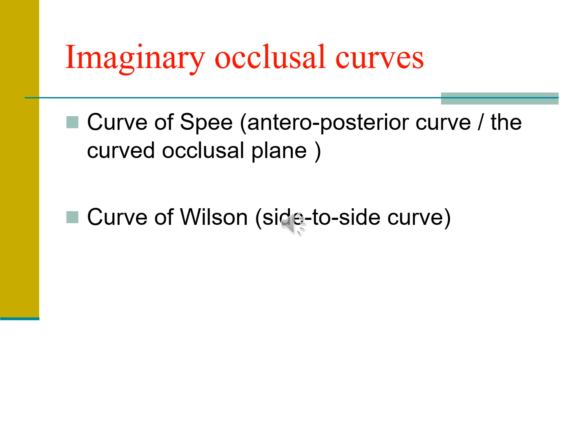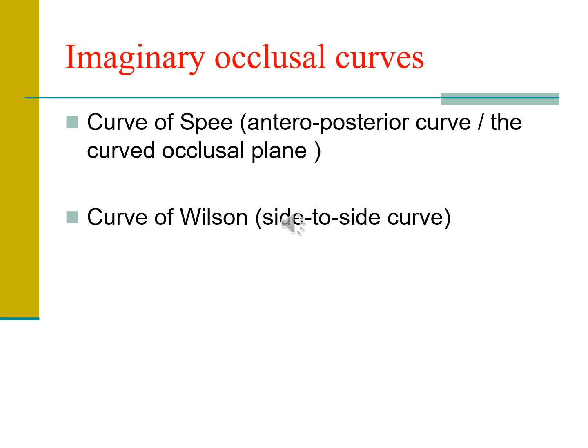The other is the curve of Wilson, which is the side-to-side curve. When you view the anterior aspect of the mouth slightly open, the cusp tips of posterior teeth follow a gradual curve from the left side to the right side. The curve of the maxillary arch is convex, and of the mandibular arch is concave.